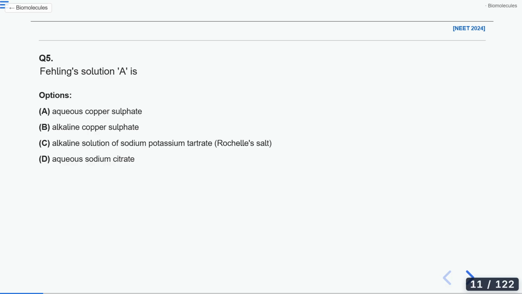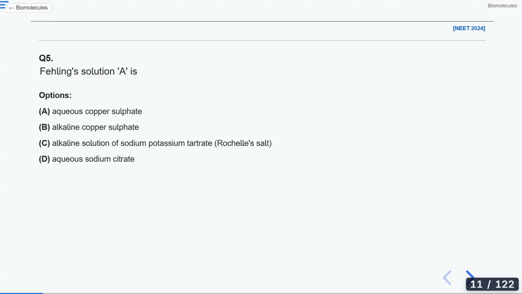So you have two types of Fehling's solution, A and B. You mix them together and then we do our Fehling's test, which is sensitive only for aliphatic aldehyde. We have discussed this yesterday. It is only effective for aliphatic aldehyde, and it cannot react with ketone or any other carbonyl group or aromatic aldehyde.